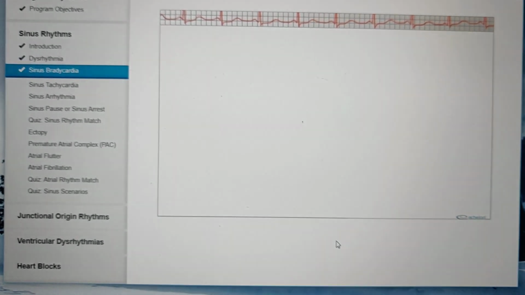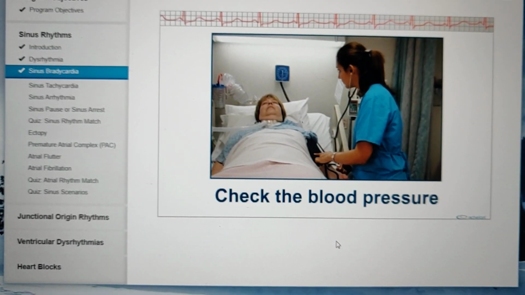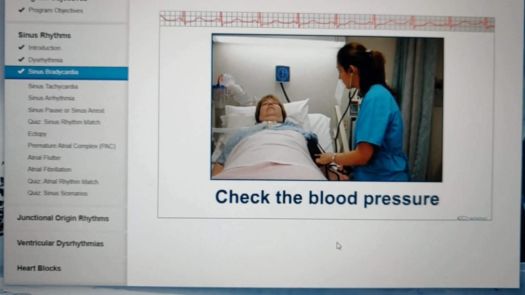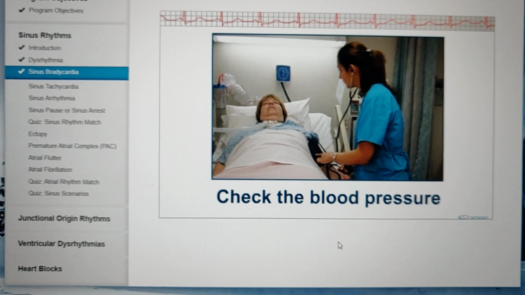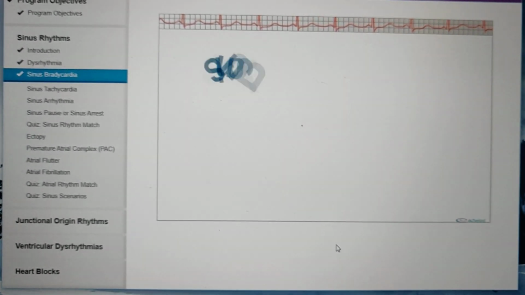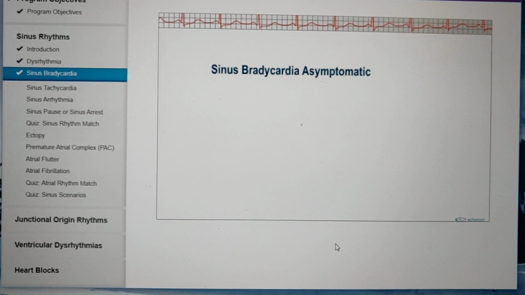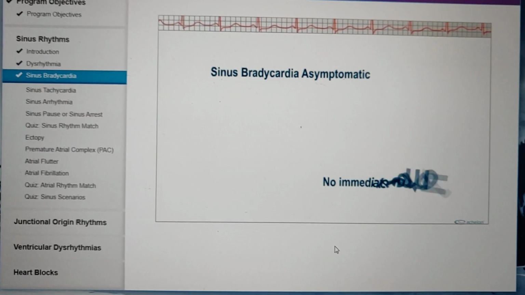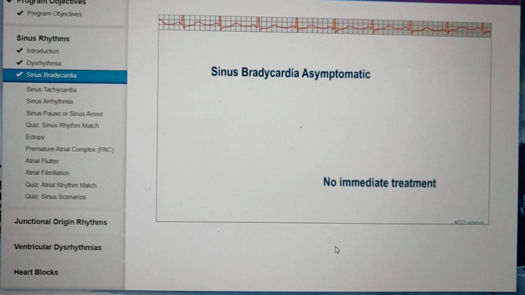And don't forget to check the blood pressure. The outcome of your assessment will always guide your treatment choice as you work to determine and fix the underlying cause of the problem.